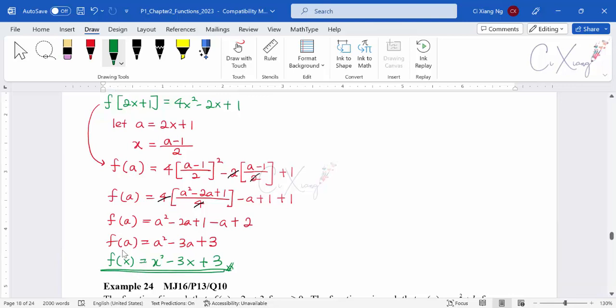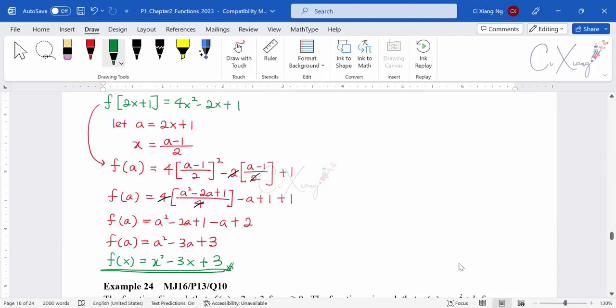Because like what I mentioned earlier, after you get f(a) equals to a squared minus 3a plus 3, you can actually change the variable here anywhere that you like, just like f(apple) equals to apple squared minus 3 apple plus 3. So now I just want to rephrase it by using x. It's easier. This is my function f(x).